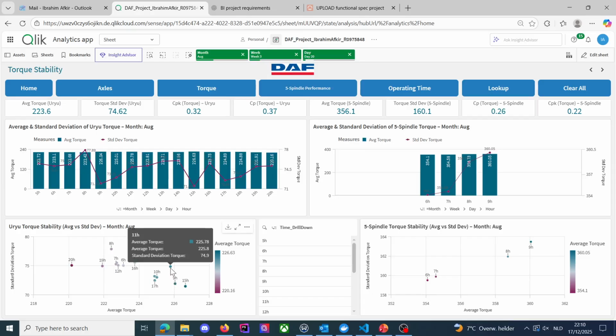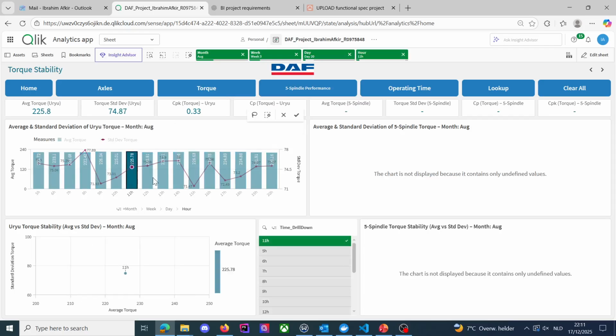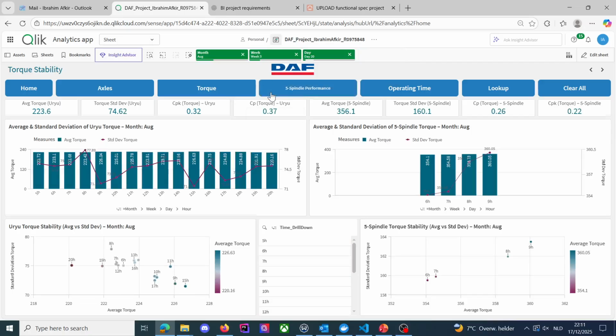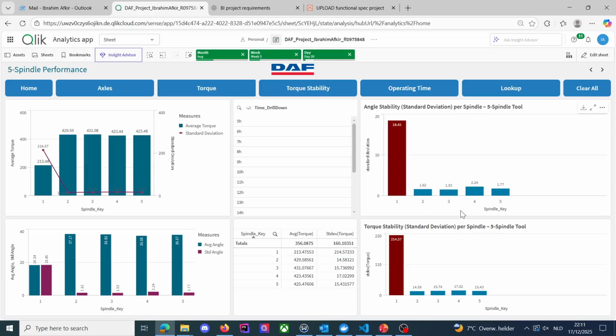For example, the average torque is 225 and the standard deviation is almost 75, and you can always filter by hours.